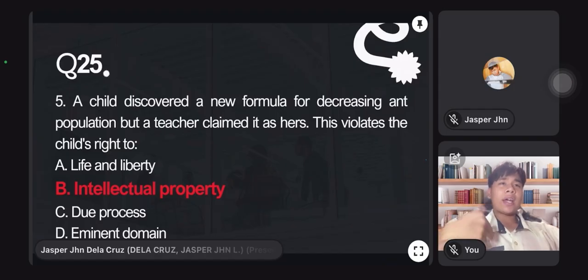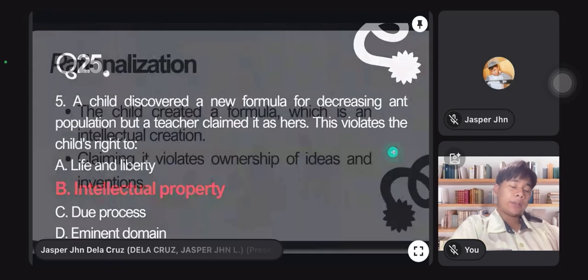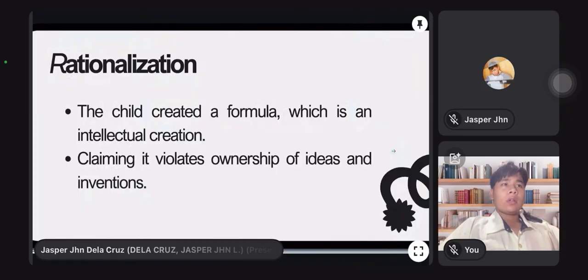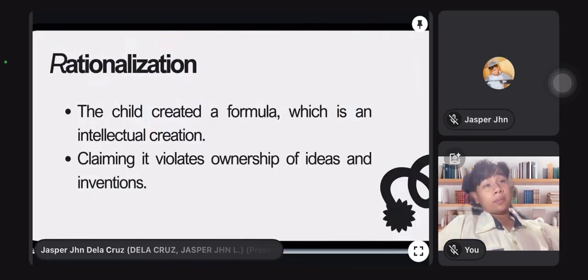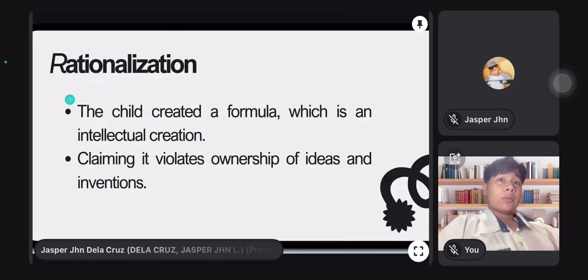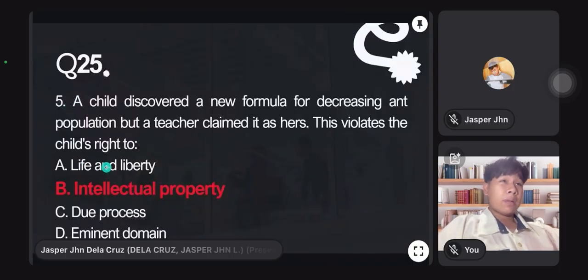Right? This violates intellectual property, meaning to say ownership of ideas. So, why are the other options wrong? Life and liberty, this is not about it. And letter C, due process, it is legal fairness.